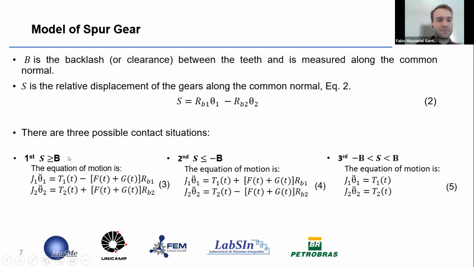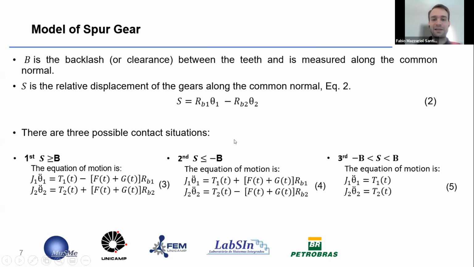And we can say that if the displacement is bigger than the backlash, gear 1 is pushing gear 2. If the relative displacement is smaller than minus the size of the backlash, gear 2 is pushing gear 1. And among these limits, there is no touch between the gears.